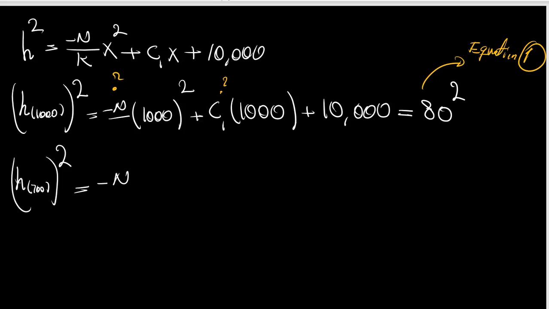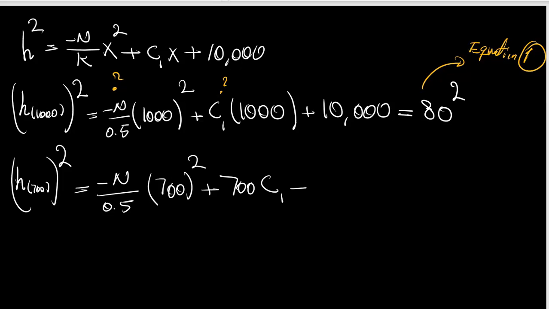So let me write it as 0.5 or whatever it was, negative n over k times 700 square plus 700 C1 plus 10,000, and this is my equation 2.